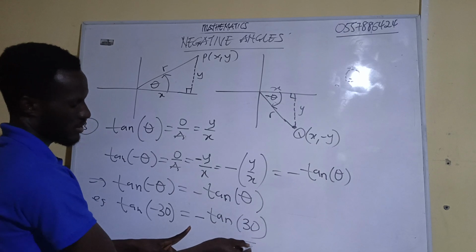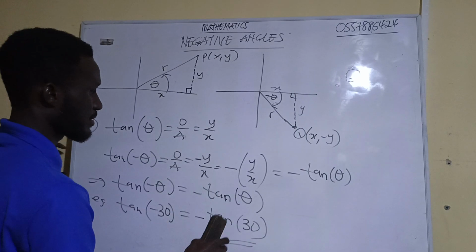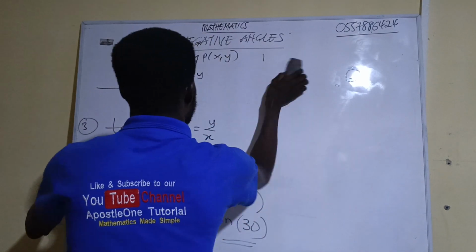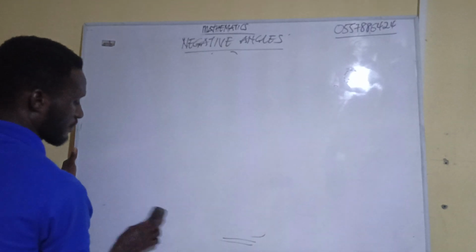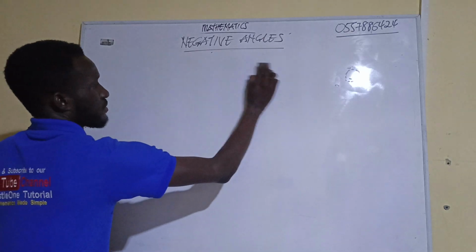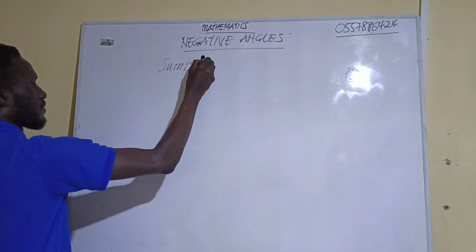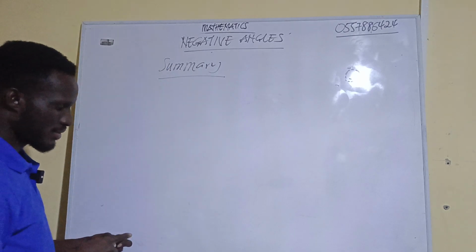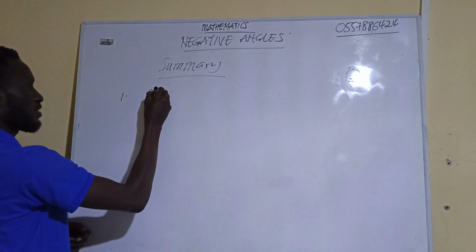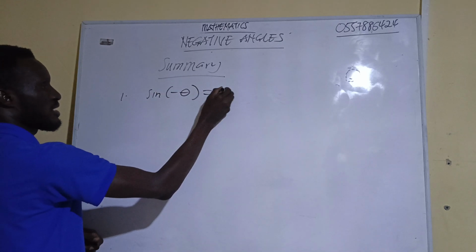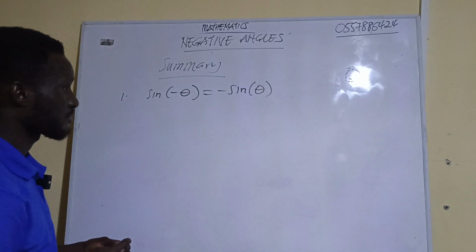As simple as that. So in summary, for negative angles, number 1, sine of any negative angle is negative of the sine of the positive of that particular angle.